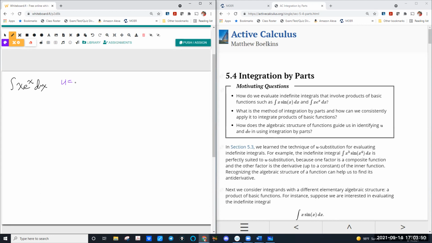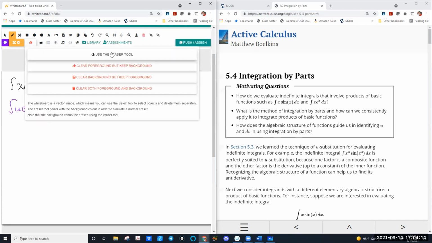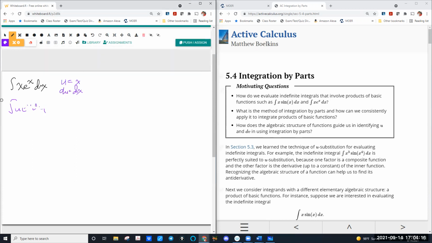We know a lot of times we let u be x and then du is dx. The du is a very easy substitution, and so is the u. But if we were to sub those in, we get the integral of u e to the u du, which is really exactly where we started, just a different variable. So U-sub is not going to help us here.